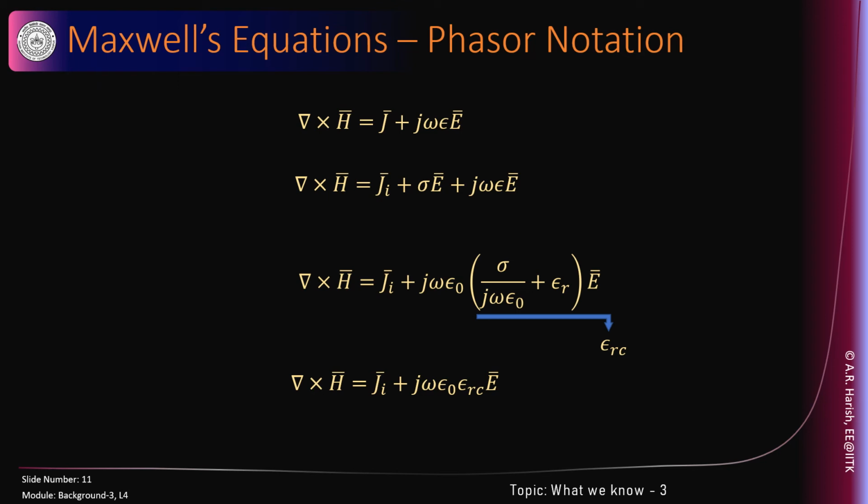So this makes the analysis very generic now. We don't have to handle sigma E as a separate entity. It can be absorbed into the second term in the last equation.